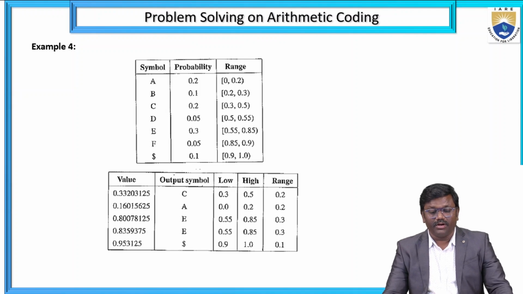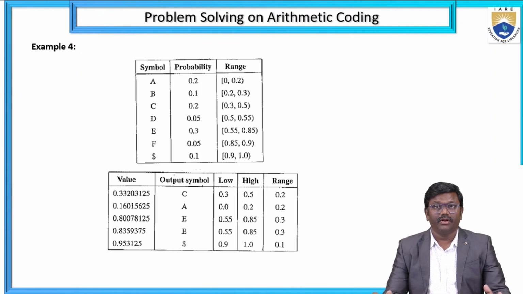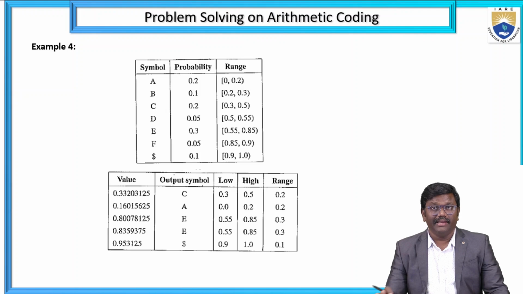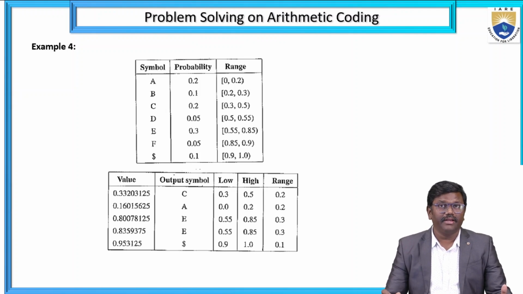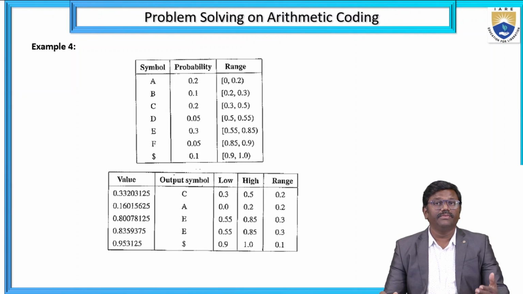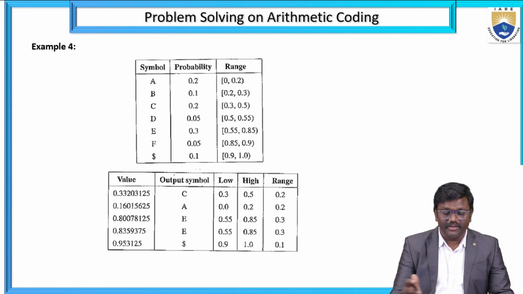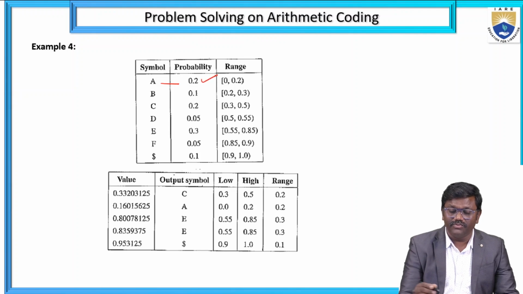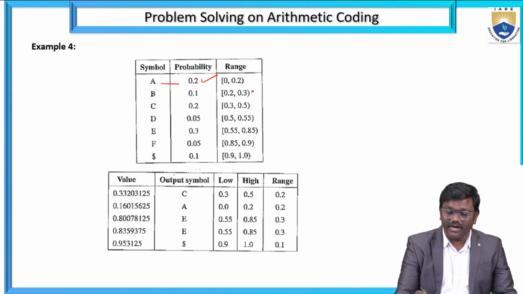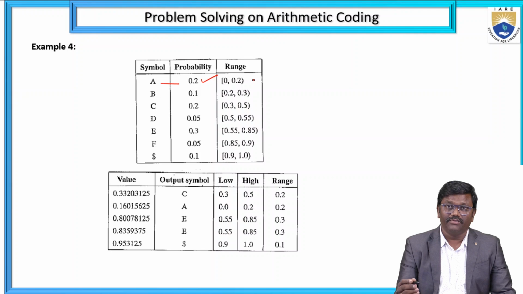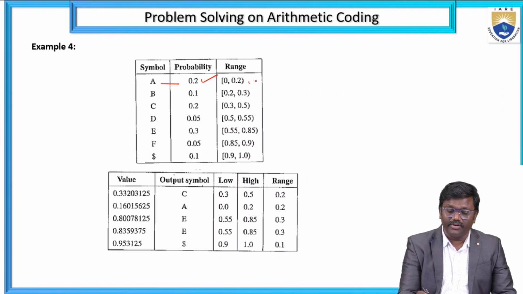Coming to example number 4, the relationship between a symbol, its probability value and its range. As we calculated for the ABC line, the symbols and range were calculated based on the data given in the problem, and we extended the same to understand how range values vary. A has the probability value 0.2, so its range is from 0 to 0.2.